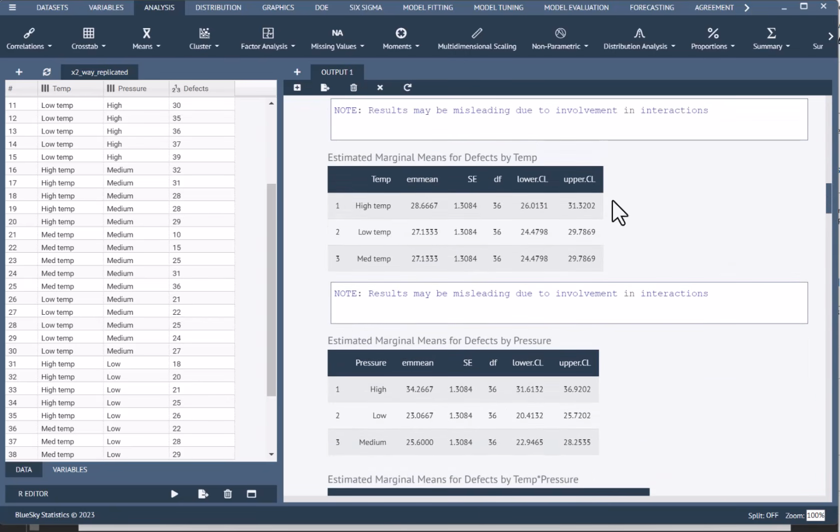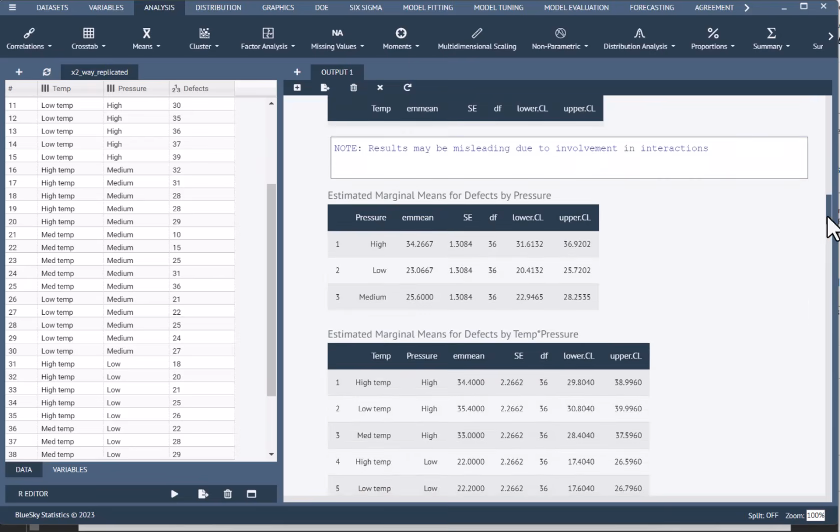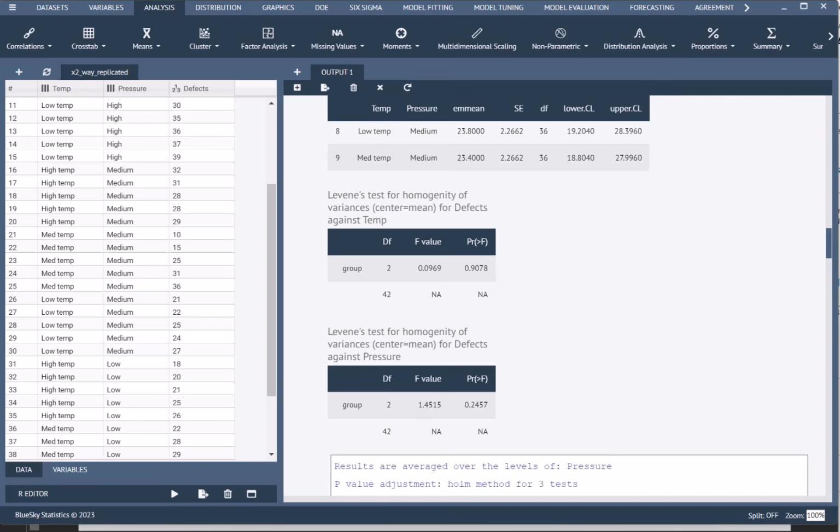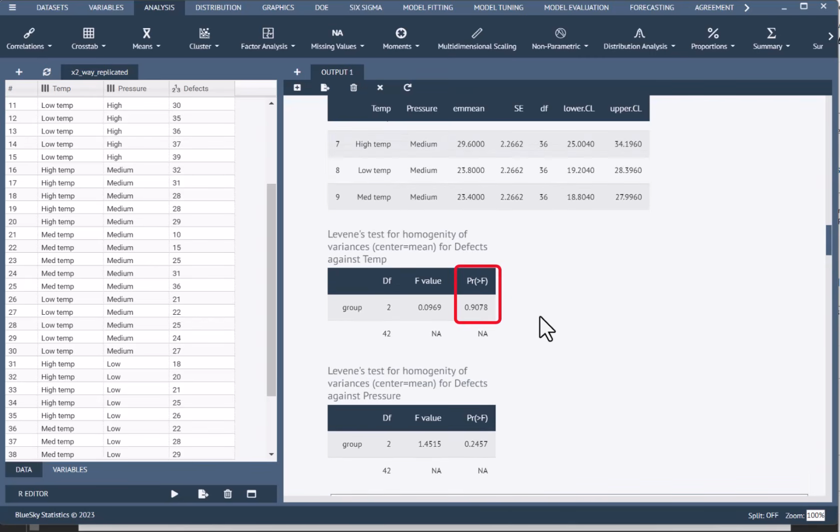Once again, BlueSky goes through the summary statistics for what's called the marginal means, but for a balanced design, such as most designed experiments, these descriptors are the same as the raw descriptors, which we've already looked at. Levene's test for homogeneity of variances looks at the different temperature levels, and it gives us a p-value of 0.9.